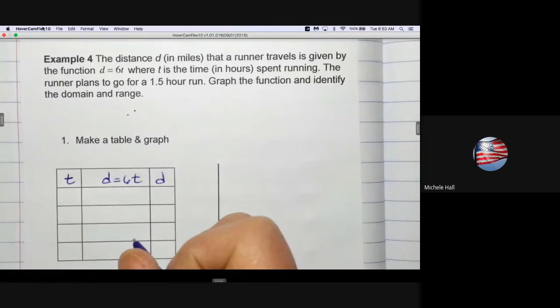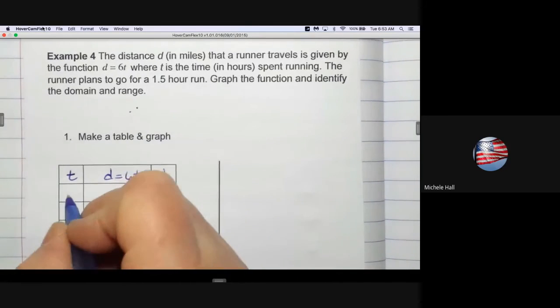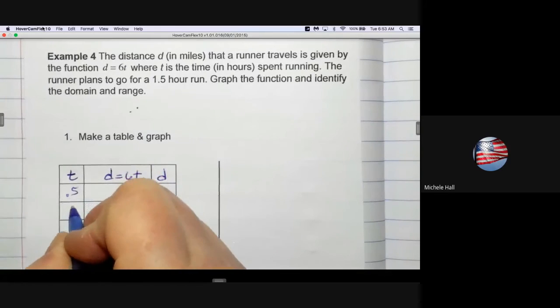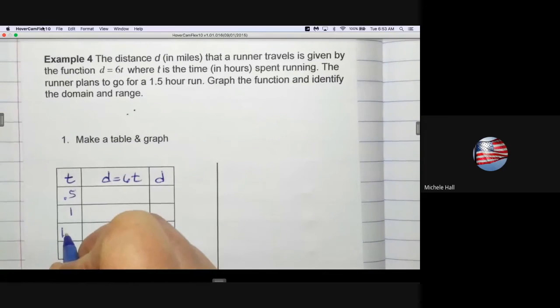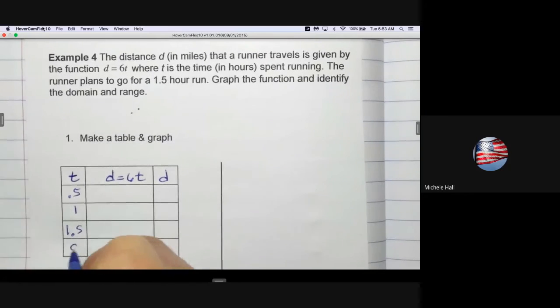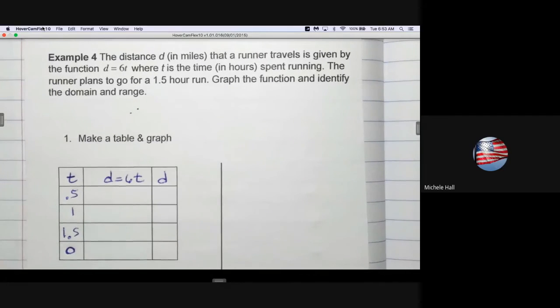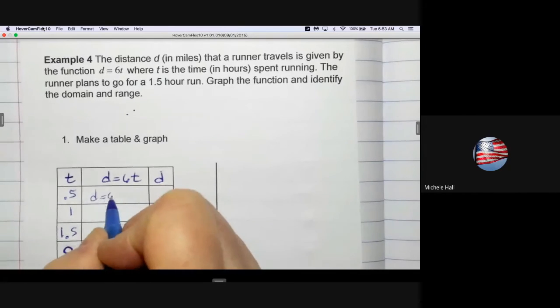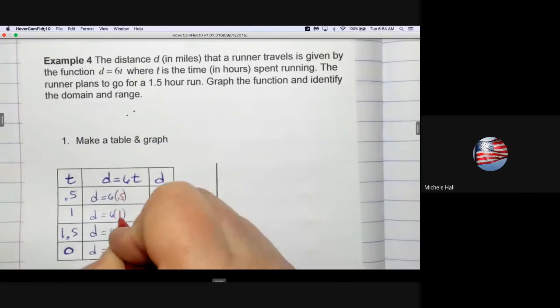So we could say at time, about a half hour, an hour, 1.5 hours. We could also say it's 0 hours, really, 0. Okay, so we have d equals 6 times t.